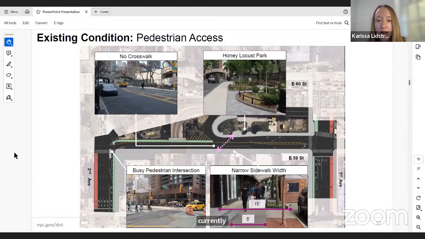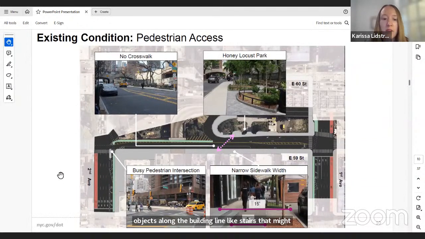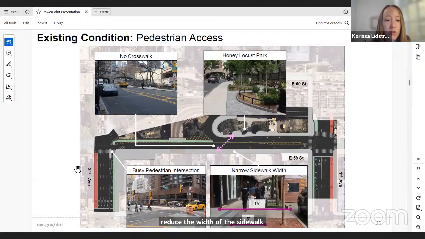Looking at both the south and north sidewalks, we have varying widths depending on the elements in the furnishing zone, such as trees. There are also different permanent objects along the building line, like stairs, that might reduce the width of the sidewalk. Another thing to note is that because we only have one continuous sidewalk along this block, we only have one crosswalk across Second Avenue, which funnels pedestrians to this point and creates a very busy intersection.